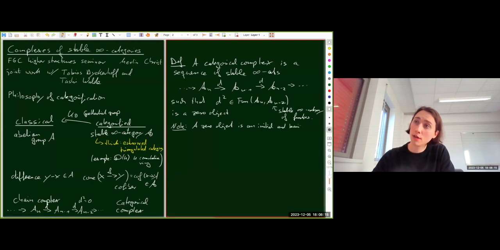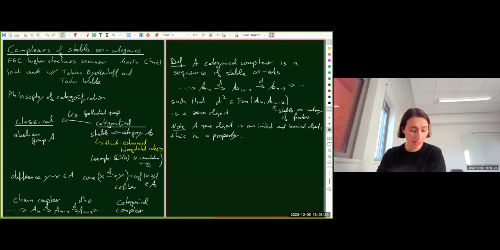And what is important about being a zero object is that this is a property, not a structure. So being a zero object is a property.